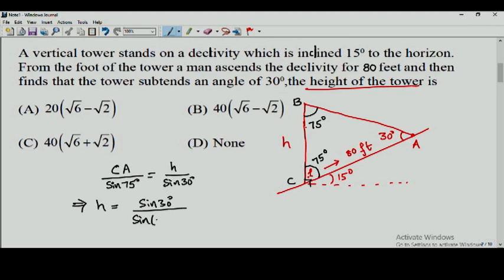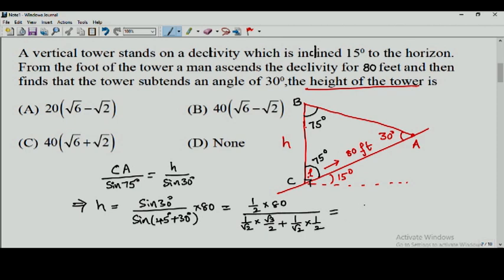We can split sin 75 into sin 45 plus 30. CA is 80 feet. Sin 30 is half, into 80, divided by sin 45 plus 30. Sin A plus B gives us sin A cos B plus cos A sin B. Sin 45 is 1 by root 2, cos 30 is root 3 by 2, plus cos 45 is 1 by root 2, sin 30 is 1 by 2.